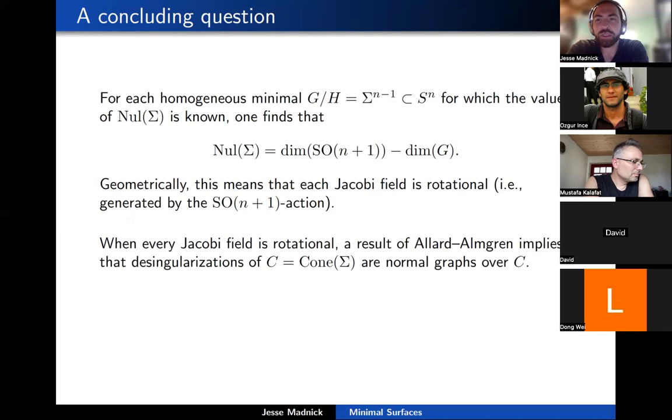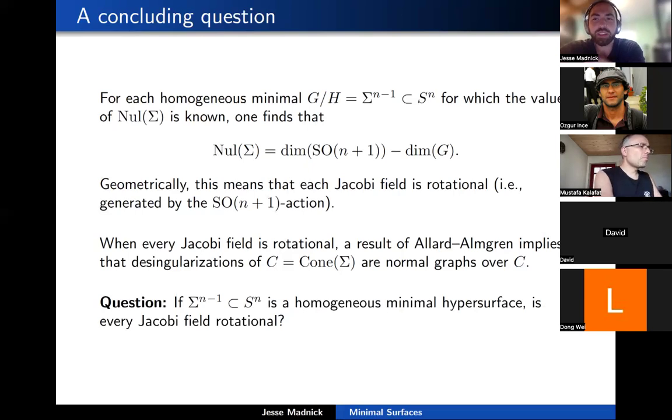That's used, for example, in a very famous study of Simon and Solomon, who study the desingularizations of the cone over the Clifford hypersurfaces. They look at the Clifford hypersurfaces in the sphere, they look at the cone over those, and they look at the desingularizations, and this is a crucial fact that they end up using in their study.